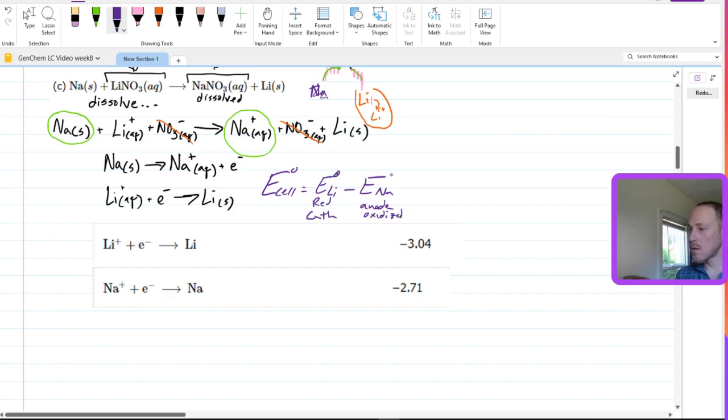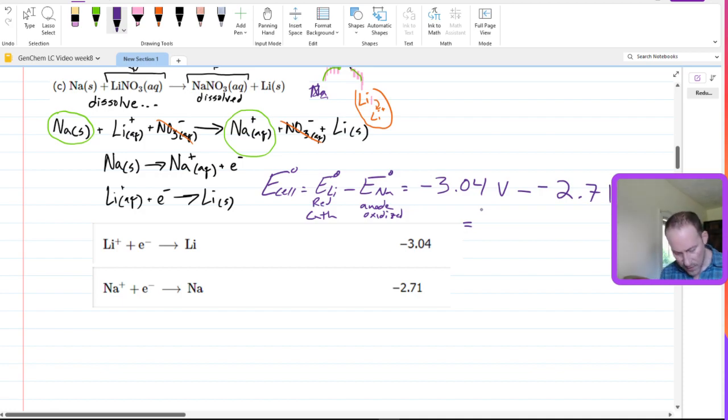And that's going to equal negative 3.04 volts minus negative 2.71. So, I mean, we're at negative 3, we're adding 2.71, but that is not going to take us across the finish line. The finish line being 0 here.